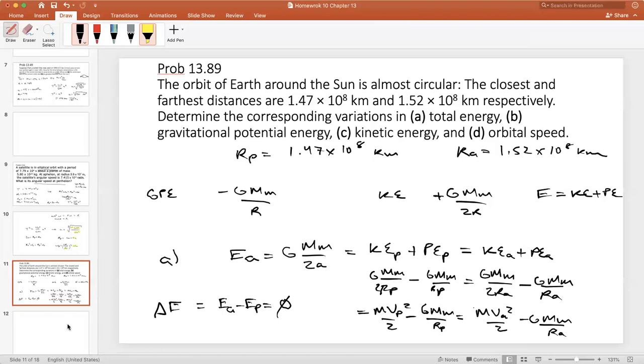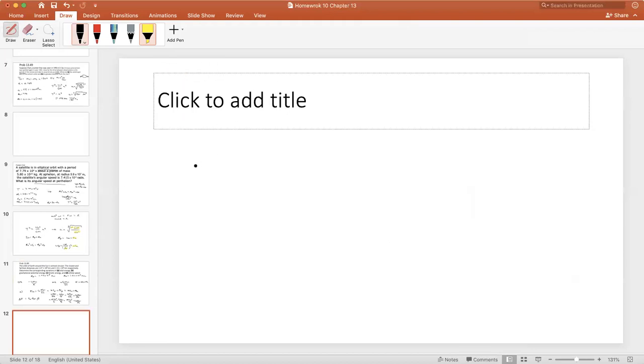All right, so what is the change in potential energy? By this we want the difference of potential energy as a magnitude.